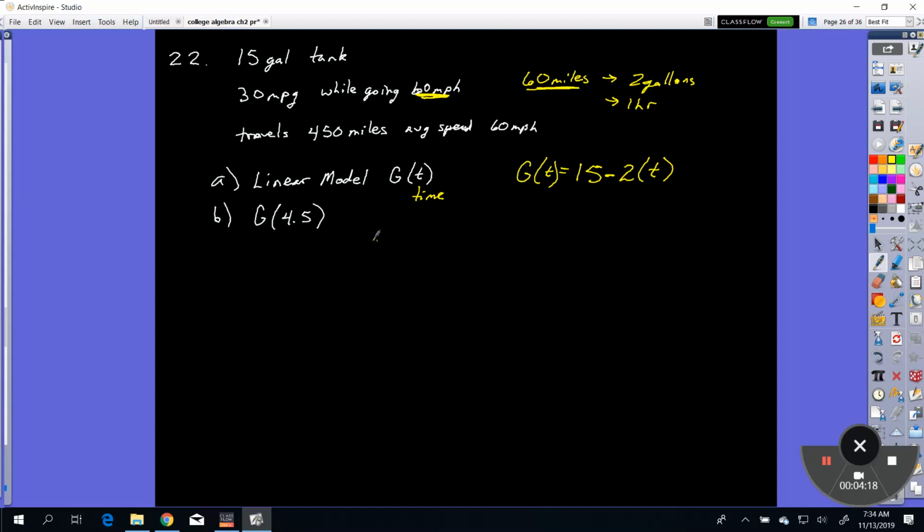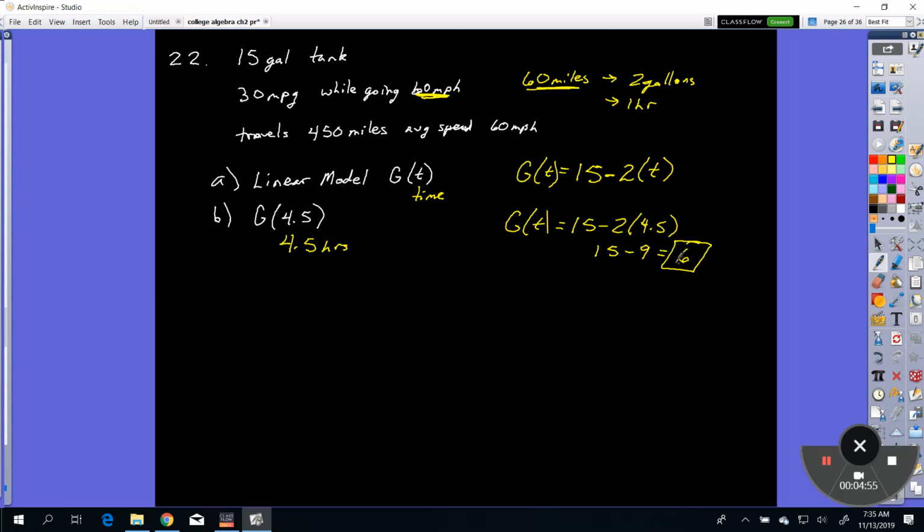Now on part B it says evaluate G of 4.5. What this means is if I've been traveling for 4.5 hours, how much gas do I have left? So gas in my tank is 15 minus 2 times 4.5. So 15 minus 9 equals 6. So 4.5 hours into my trip, I've used 9 gallons.